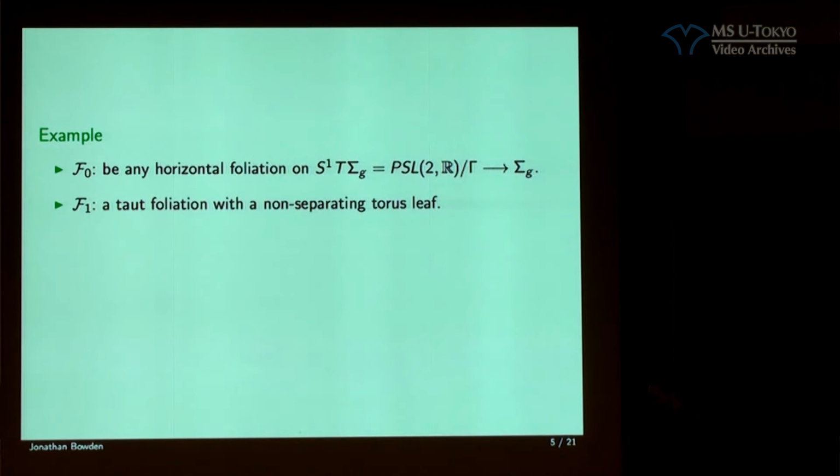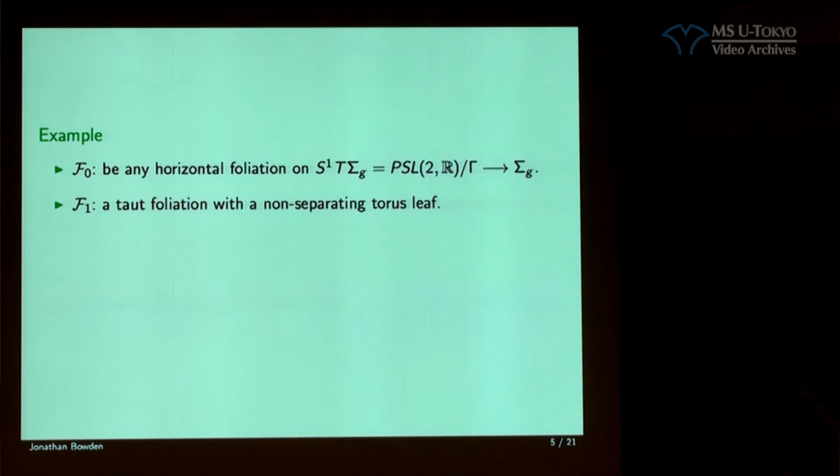So now a different kind of flavor of example. These examples are again on Seifert fibered spaces in a sense, so they're very special guys. They're on S1 bundles, the unit tangent bundle of a hyperbolic surface, sigma g, which of course you can identify with PSL2R modulo a lattice, a Fuchsian group acting on the hyperbolic plane.